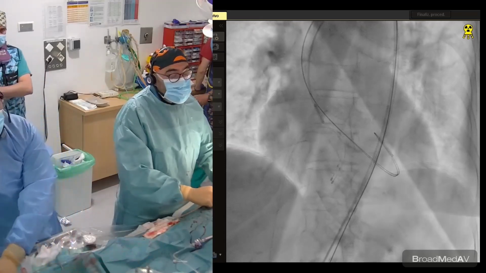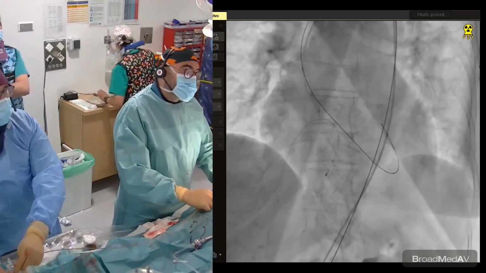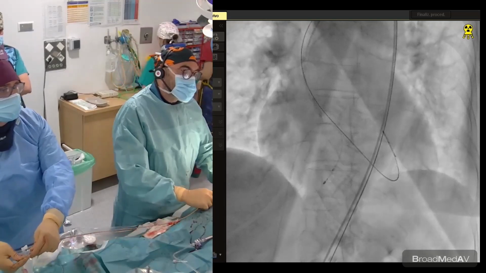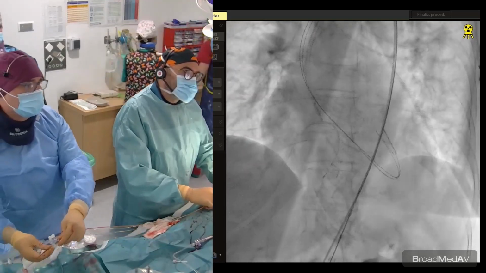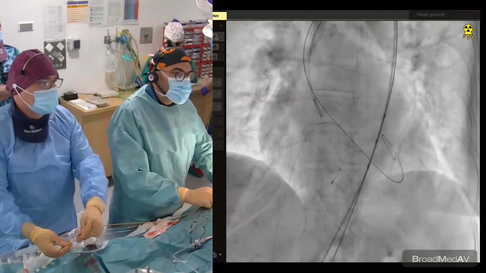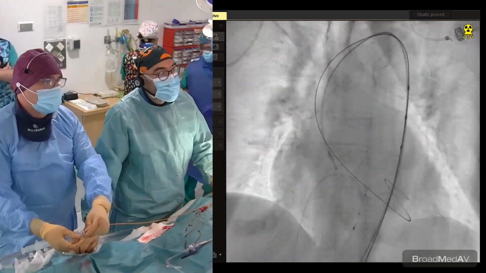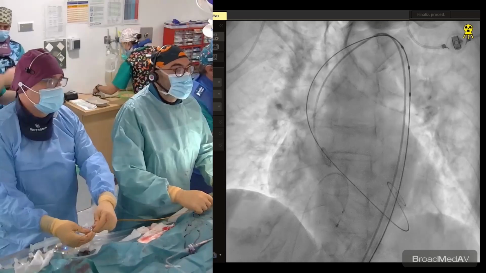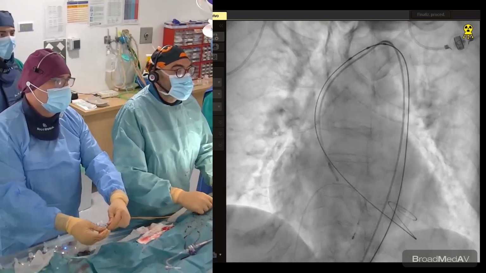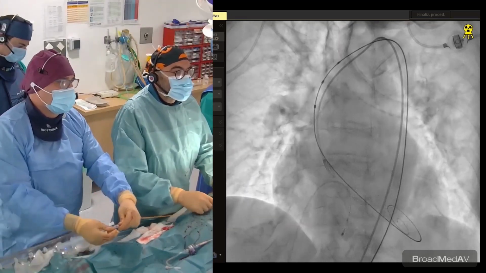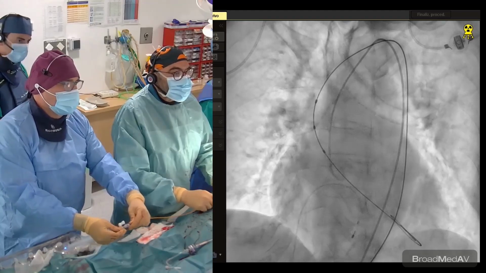It's a 23 balloon. It may be a relatively small balloon for this size. I think the annulus was 25.9. It is a small balloon according to this annulus, but just in case, because it's a very calcified valve, we are going to predilate with this balloon.